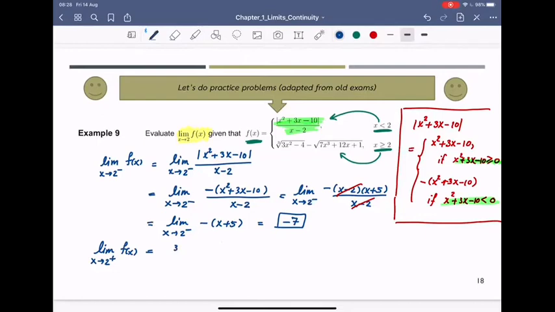Using the limit law, I can plug in because of the continuity that you're going to learn later. So this is similar to plugging in number 2 here. So I have that. Let's hope that this thing is a real number.